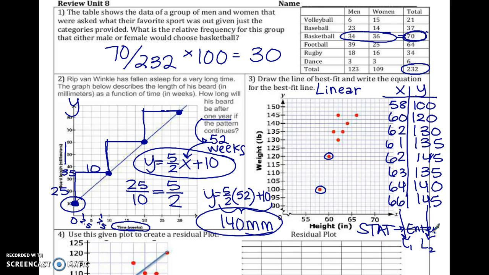And then after that's done, you go back into stat, over to calc, and go down to number 4 for this one because that's where it's going to have linear regression. And in this case, it comes out with y equals 5.23x minus, so the y-intercept would be 193.5.